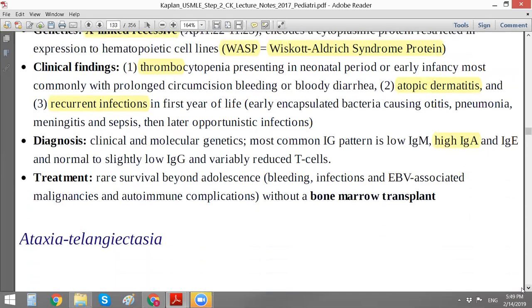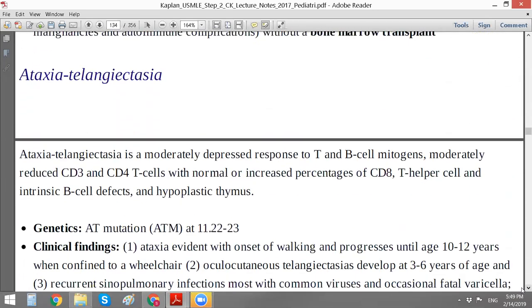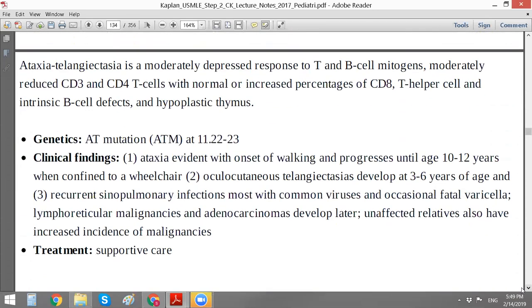Then we come to ataxia telangiectasia. It has moderately depressed T cells and B cells. There is ataxia, and until age 10 to 12 they are confined to a wheelchair. Then we have oculocutaneous telangiectasia, and then recurrent infection.